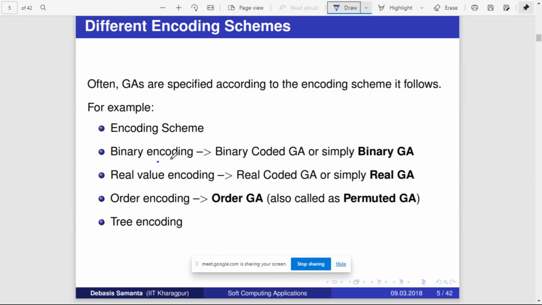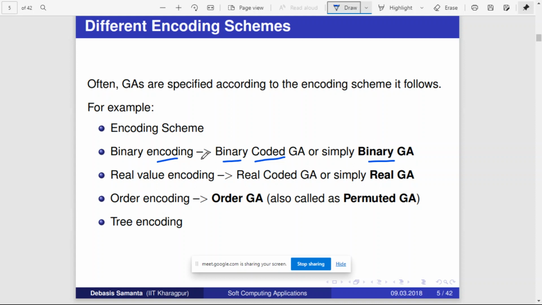Binary encoding is otherwise called binary coded GA or simply binary GA. These are just other names. If the initial population is created by using binary encoding, then that genetic algorithm can also be called binary coded GA or simply binary GA.